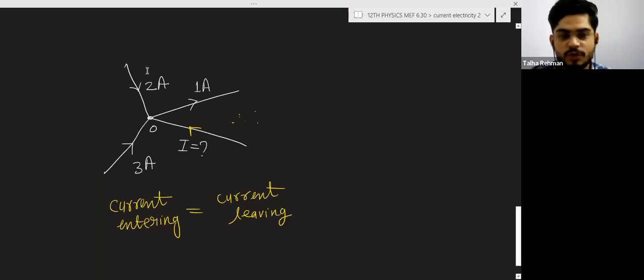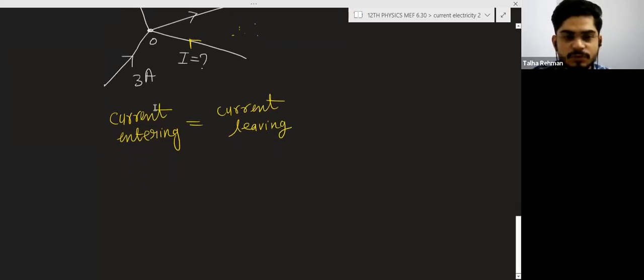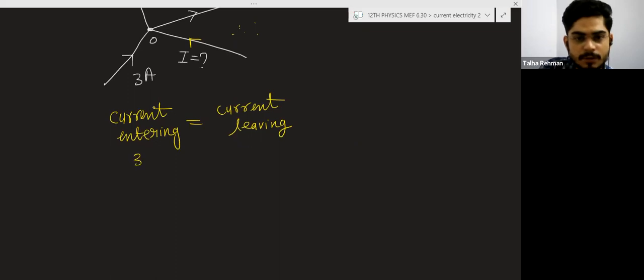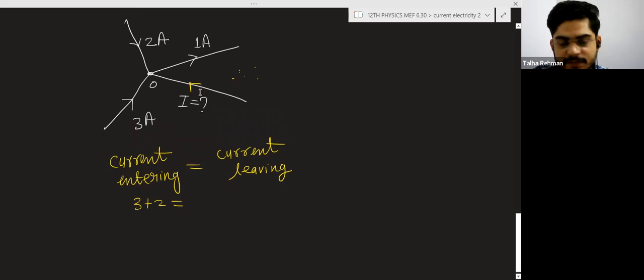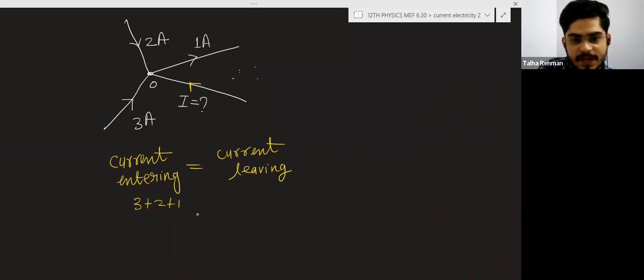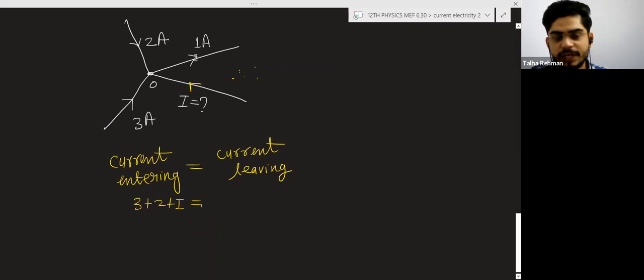at the junction. So current entering is 3 plus 2, and this current is also entering, so you will take this also as entering current. So you will take this as plus I, and here this is 1.